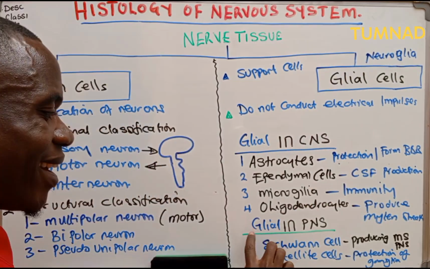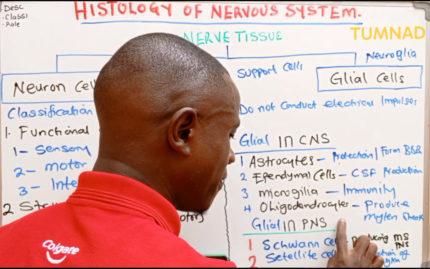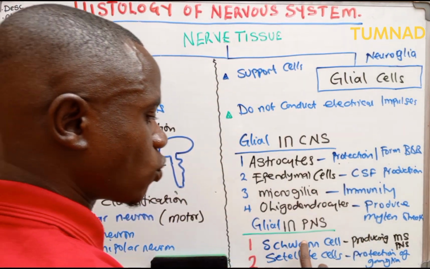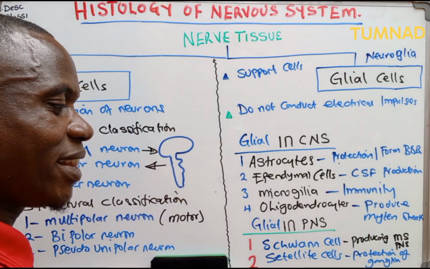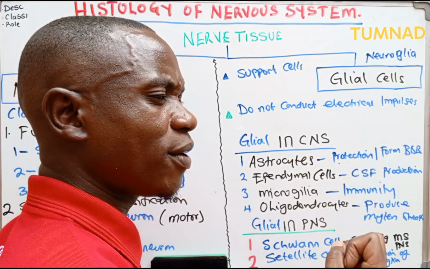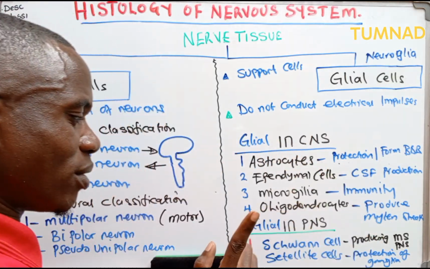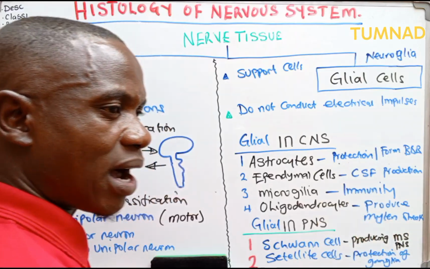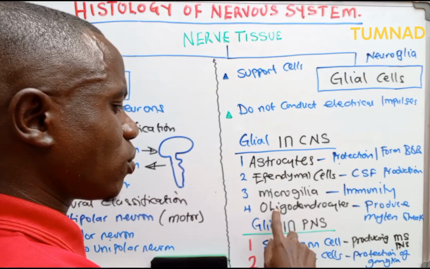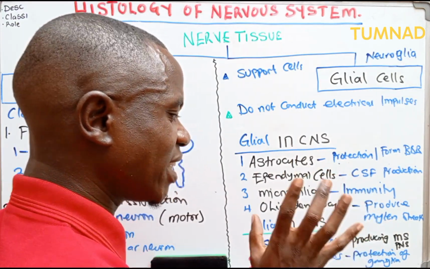Then we said that we also have glial cells located in the peripheral nervous system. The first one is the Schwann cell, which produces the myelin sheath in the peripheral nervous system. It can myelinate only one axon, one Schwann cell to one axon, which is different from the oligodendrocytes. It's such a beautiful thing.